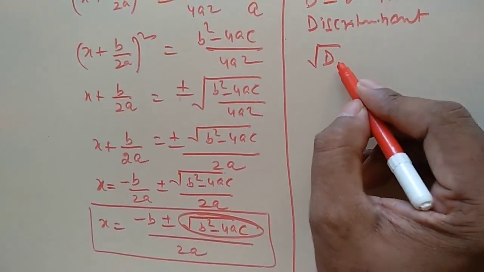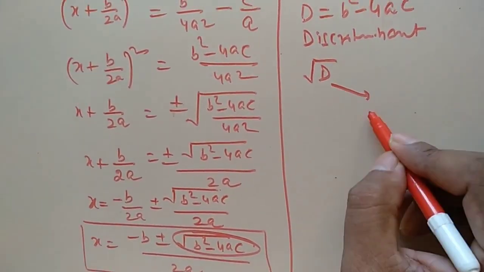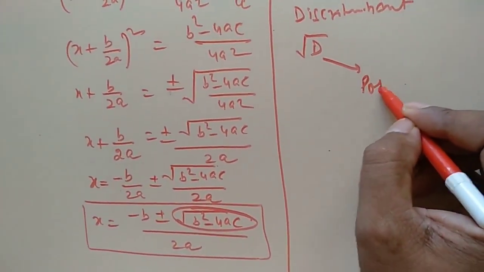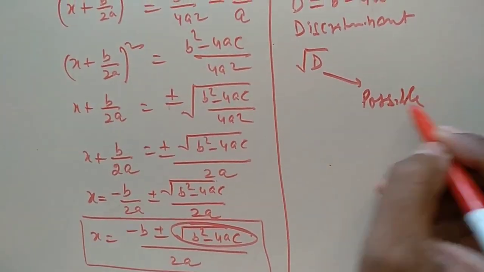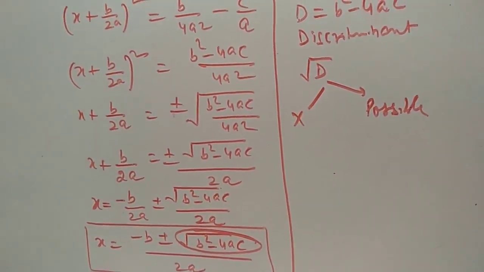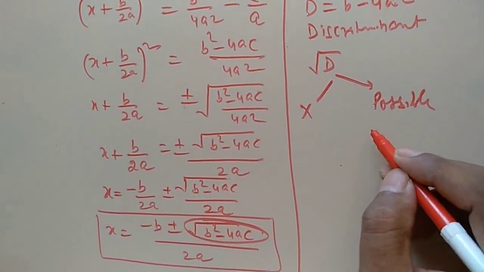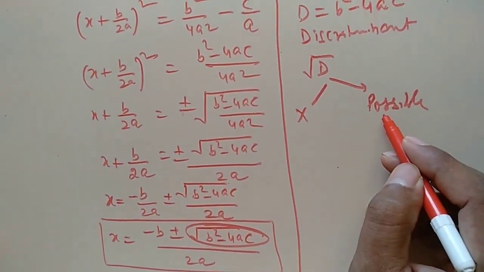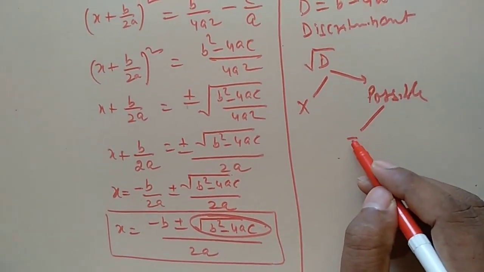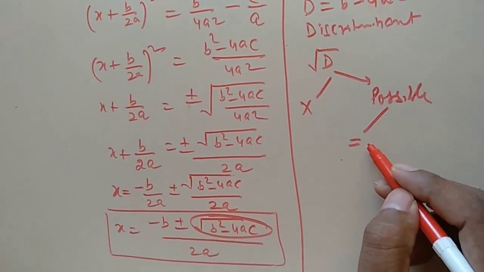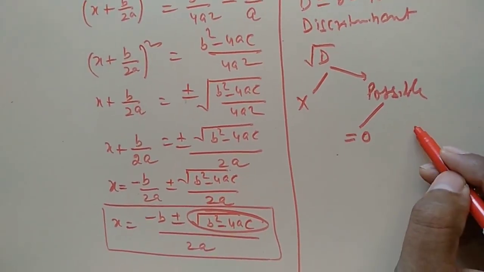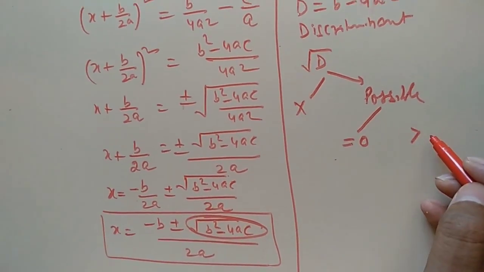So this b square minus 4ac will decide the fate of this equation, and that is under root of D. Square root of D is possible if it is greater than or equal to 0, and if it is less than 0, you will not get any answer for this.